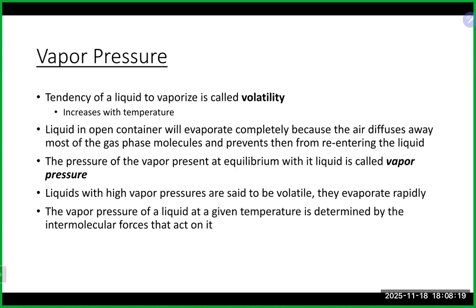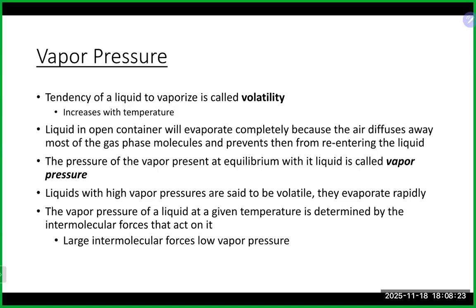Now, vapor pressure is the pressure that occurs above a liquid. At the surface of any liquid, you have liquid molecules jumping out of the liquid, and you have slower moving gas molecules dropping back into the liquid phase.